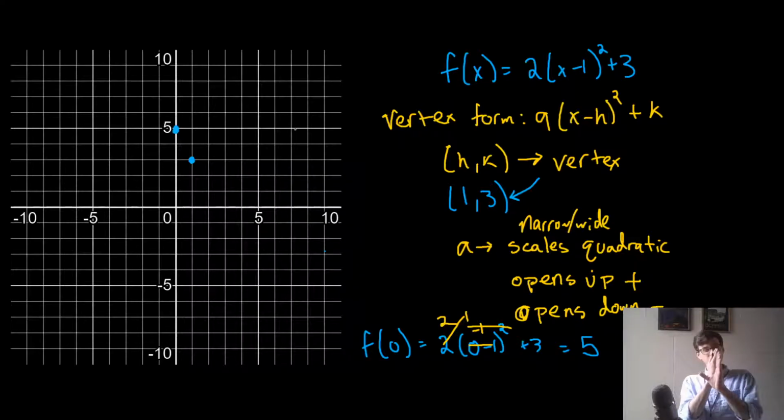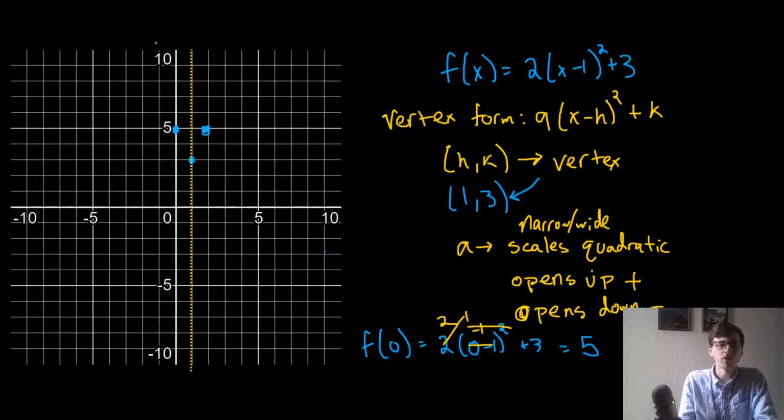Now, where the vertex is, remember, that's also where the axis of symmetry is. So I can reflect my point across the axis of symmetry. Here, it's at 5. It's 1 away from the axis of symmetry. So I come over here and I can draw another point.